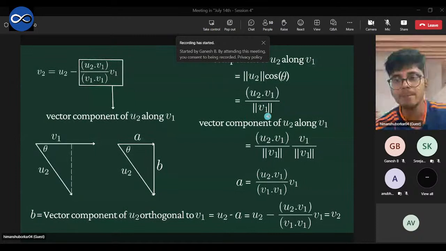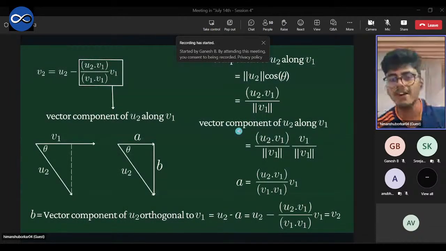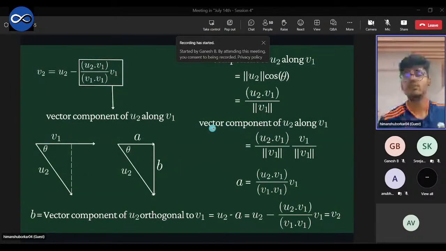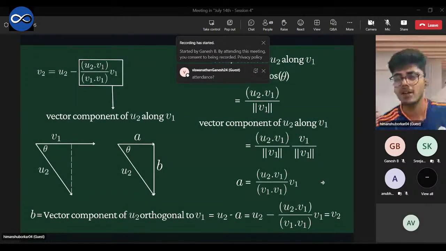The vector component of U2 along V1 is this times V1 cap, and V1 cap is V1 by the norm of V1 again.